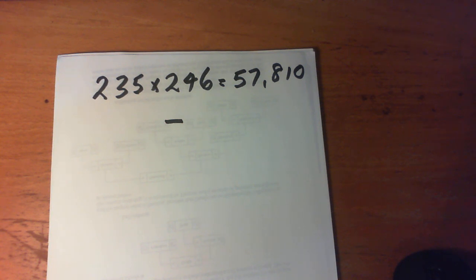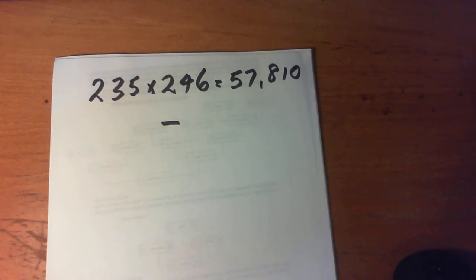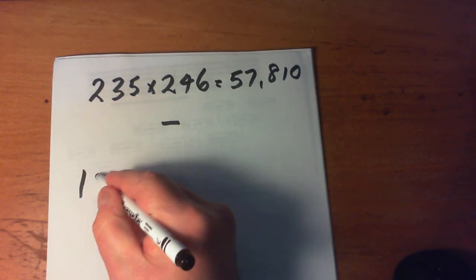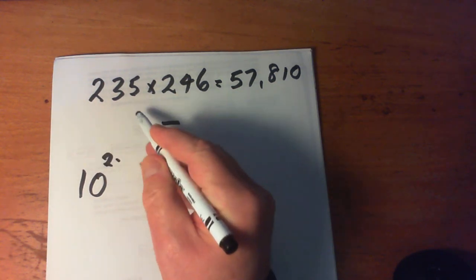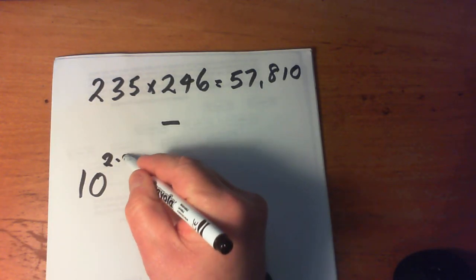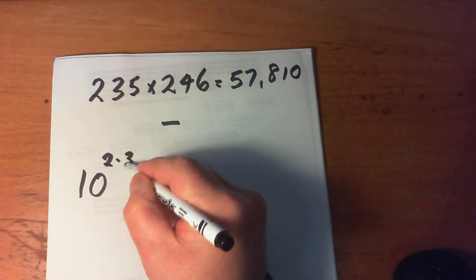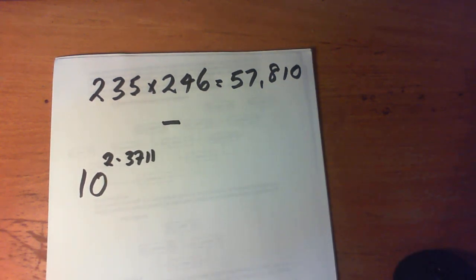What I'm going to do now is just an example. Logarithms were useful for particularly larger numbers, maybe larger than this. But I'm using this as an example of how it works. So 235 would equal 10 to the power 2.3711.